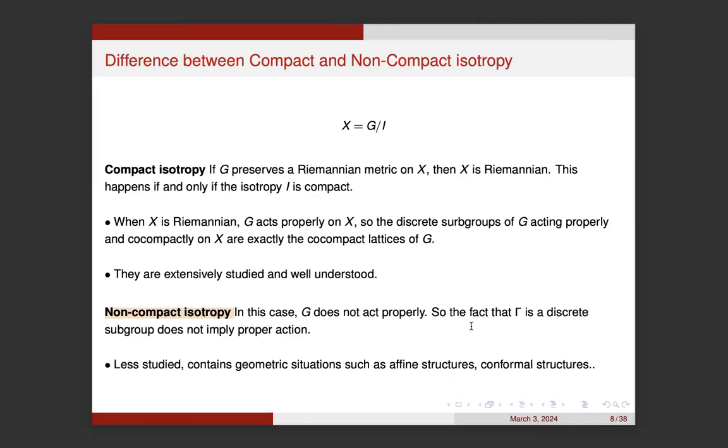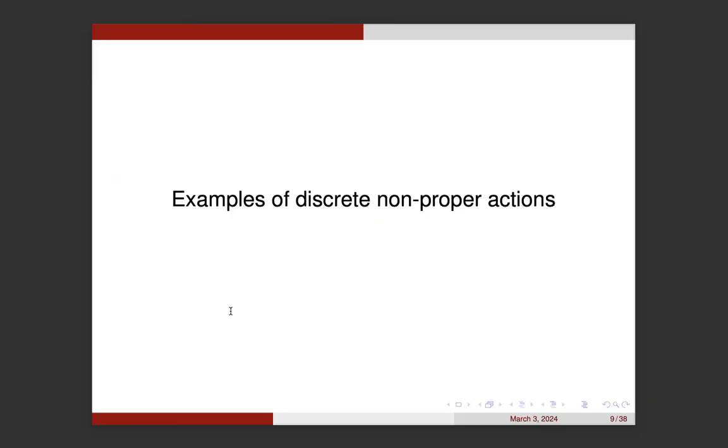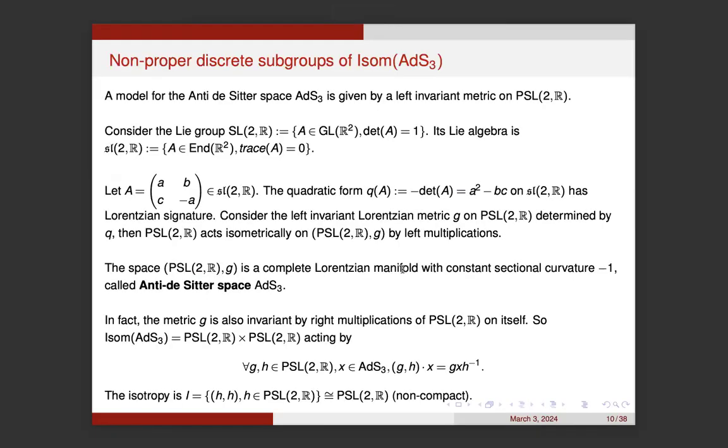And in fact, the structures I'm interested in are the Lorentzian structures, and they belong to this second situation. So now I'm going to give examples of discrete subgroups with non-proper actions. I said that when the isotropy is non-compact, discrete does not imply proper. I'm going to give an example.